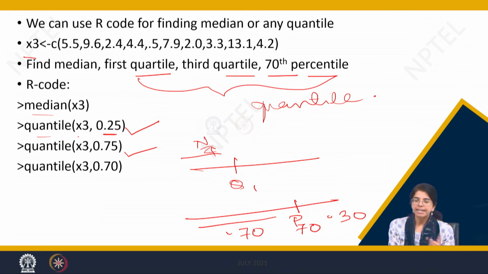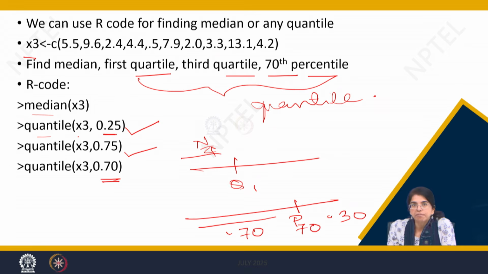I am saying it in terms of probability, anyone can think in terms of the sample points also. So, 70% of your total data will be falling under P70, clear. That is what you have to mention in our code, x3 comma 0.70, and R will get you back the required result.